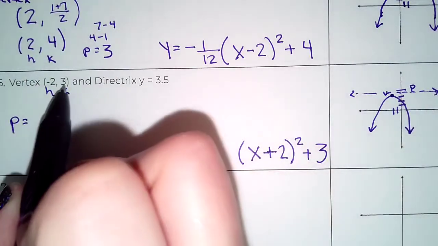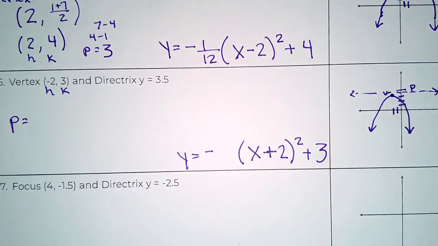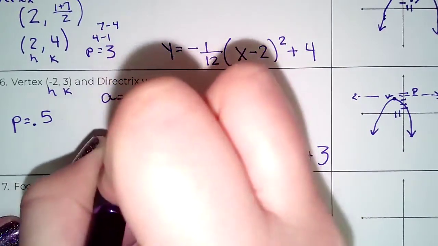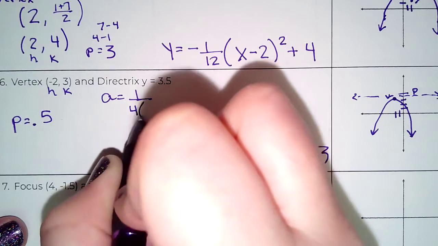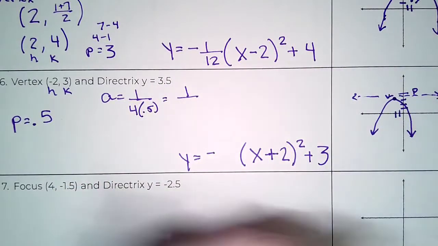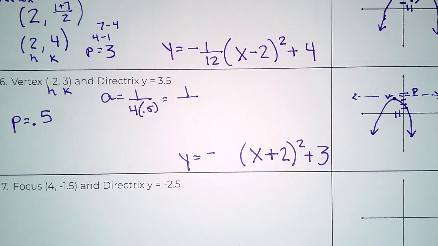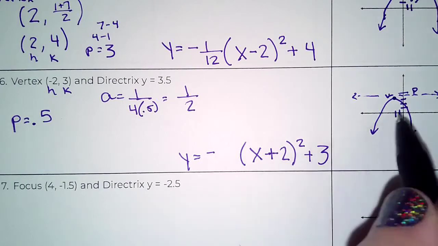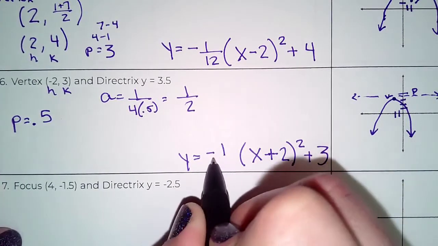How far apart were 3 and 3.5? Those were 0.5 apart, or half. So a equals 1 over 4 times 0.5. 4 times 0.5 is 2, so 1 over 2. But we know it's negative because it's opening downwards, so negative 1/2.